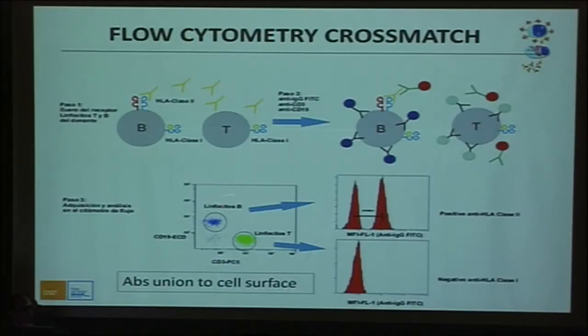The antibodies adhere to the cell surface, and after stimulation of the reaction with anti-IgGs, anti-CD3s, etc., the positivity of the flow appears as a channel shift to the right. This is a matter of technical issues that are not of great interest here now, but the question is that it mixes B and T cells, and it increases sensitivity. It loses a little bit of specificity because you can have a positive flow without a graft flow.